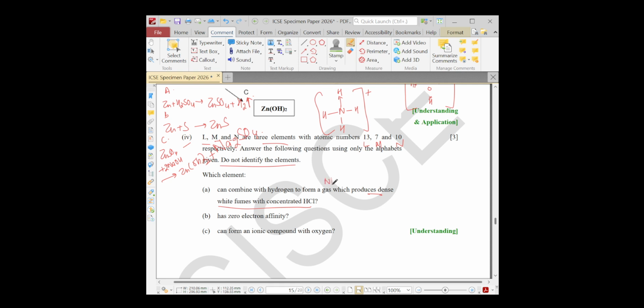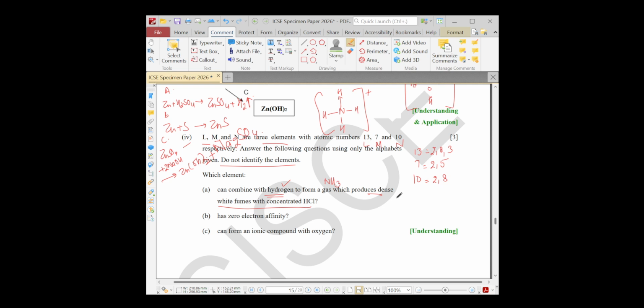The gas is ammonia. That means an element should combine with hydrogen. It is 13, 7, 10. So it will be 2, 8, 3. This will be 2, 5 and 10 will be 2, 8.